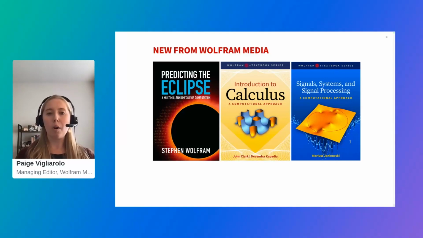It's going to be all books on different topics and introducing how to use computation to transfer the rote calculation work onto the machines and get the humans thinking about the higher level things. So we did start with the calculus book. That one's already out. The signal systems and signal processing book that you see on the screen is going to be the next one that will come out very shortly. And we have several others lined up that we're excited to bring you guys.